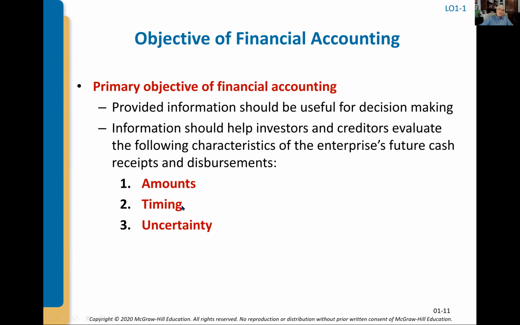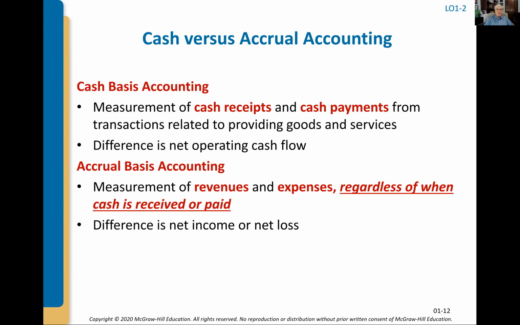Or is that when we receive the cash for that product? So a lot of the issues of intermediate accounting get back to timing. And I always say accounting is a lot about timing. When do we record things? And which financial statement do we put it in? This year's or next year's? And so, certainly, there's always judgments and uncertainties we're going to have to deal with.